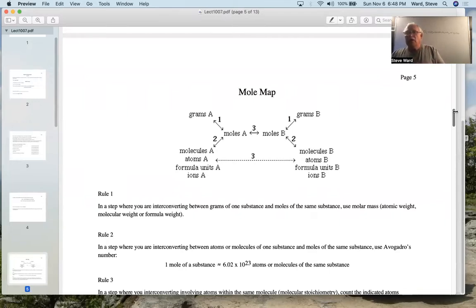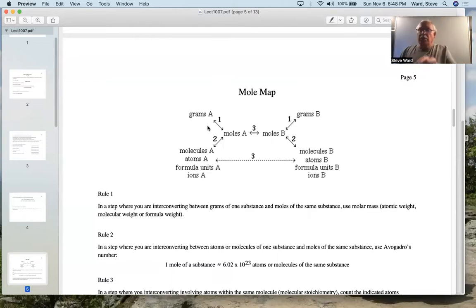Okay? So keep this page handy in your notes as we work the problems later on. You'll need this. Now, I'm going to tell you that I did not develop this. I borrowed it or stole it from somebody else, who stole it from somebody else, who stole it from somebody else.